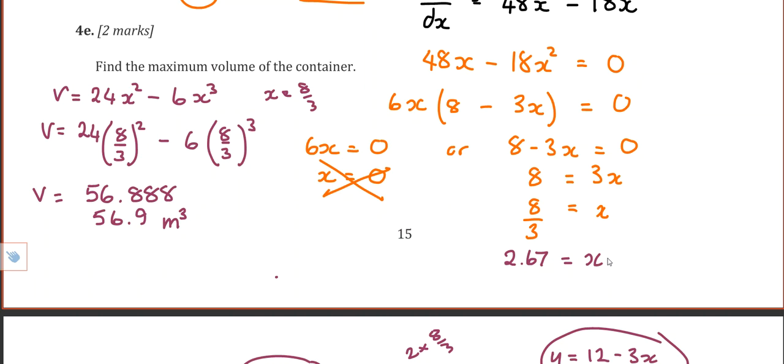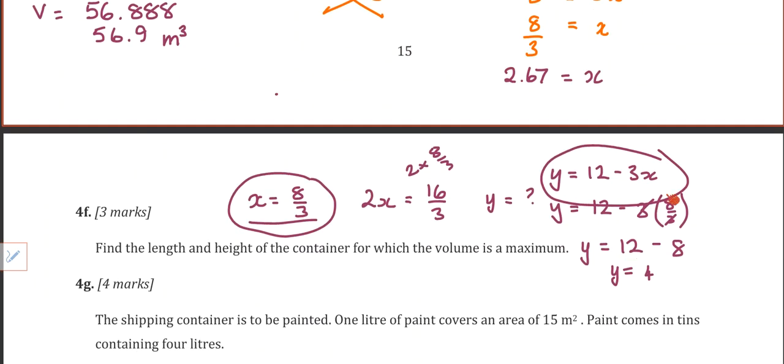Can you see how using the fraction has made it easier here? Much easier. Otherwise here I would have had a decimal here too, which they would have probably accepted, but they're hoping for you to keep it as 8 over 3.